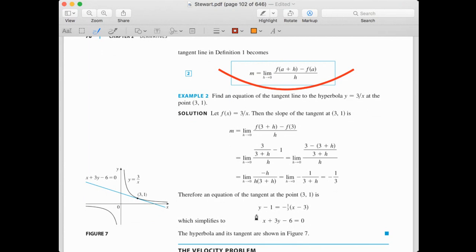So this is the equation of this tangent line, of this blue line, right? So give us a function, give us any point of the function, and we can find the tangent line at that point.